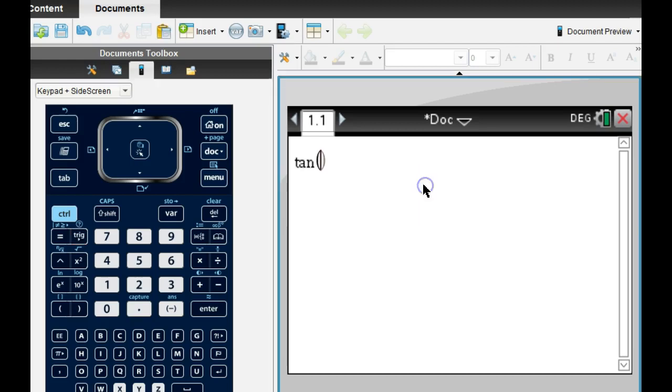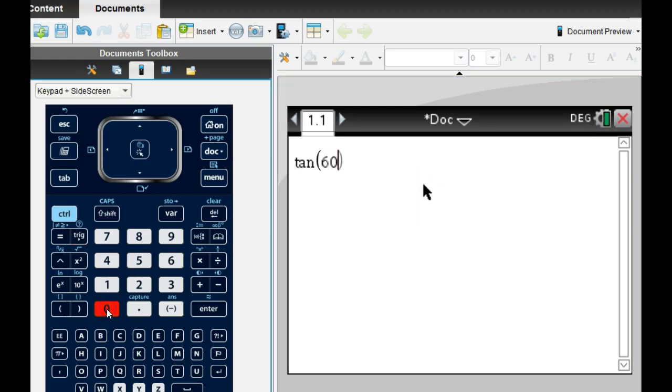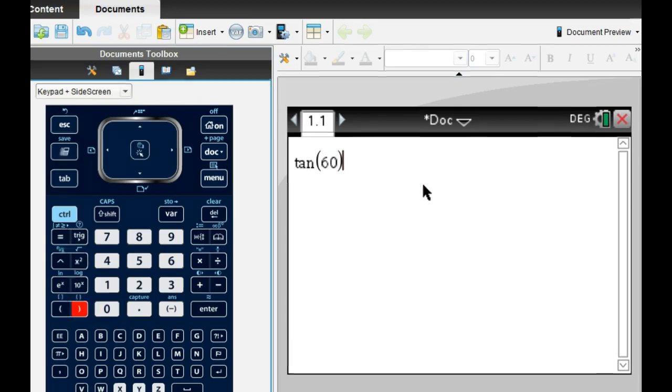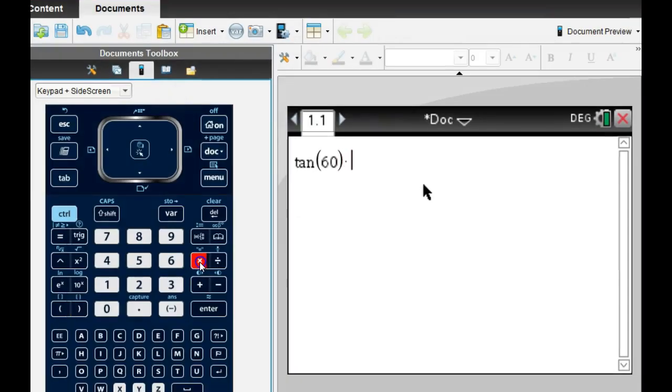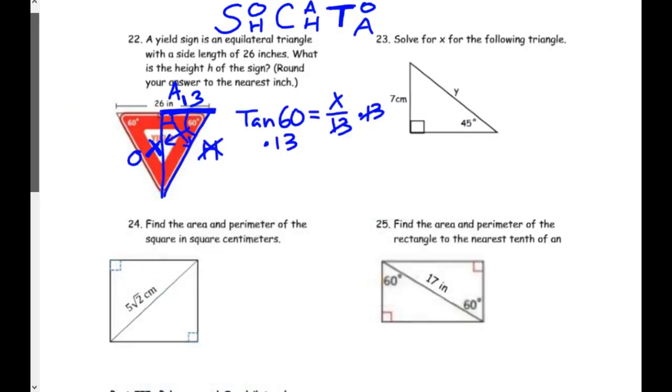Hit tan 60, end the parentheses, times 13. In one step, because I'm in degrees mode, I get 22.52. My missing length in inches right there.